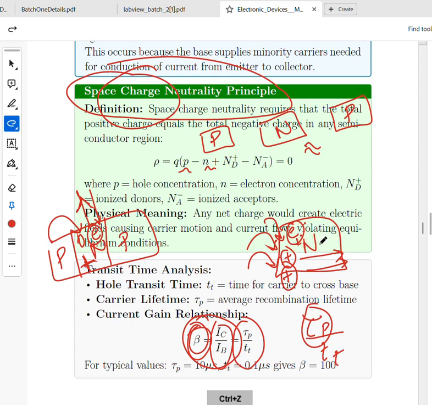Now consider the time it takes for the holes to recombine with the electron. If the recombination time is long, it means that only one electron entering here can ensure that more holes can be injected and transferred. It ensures more transits of holes.